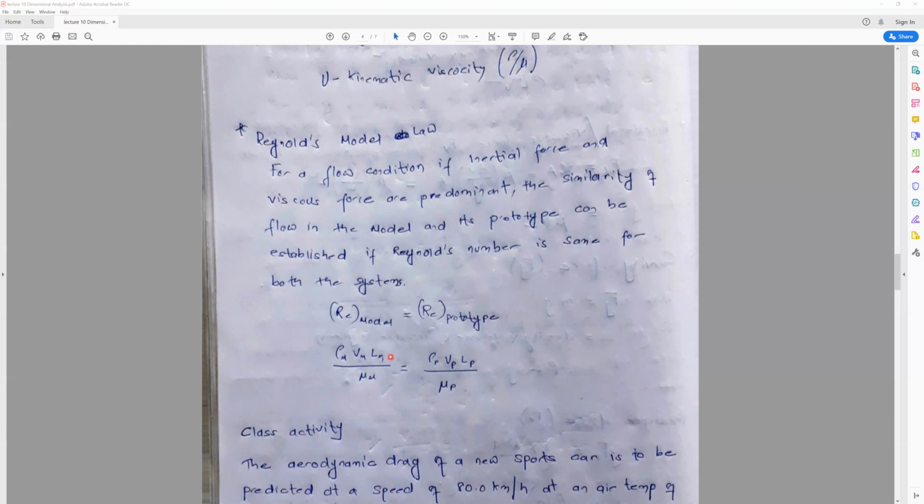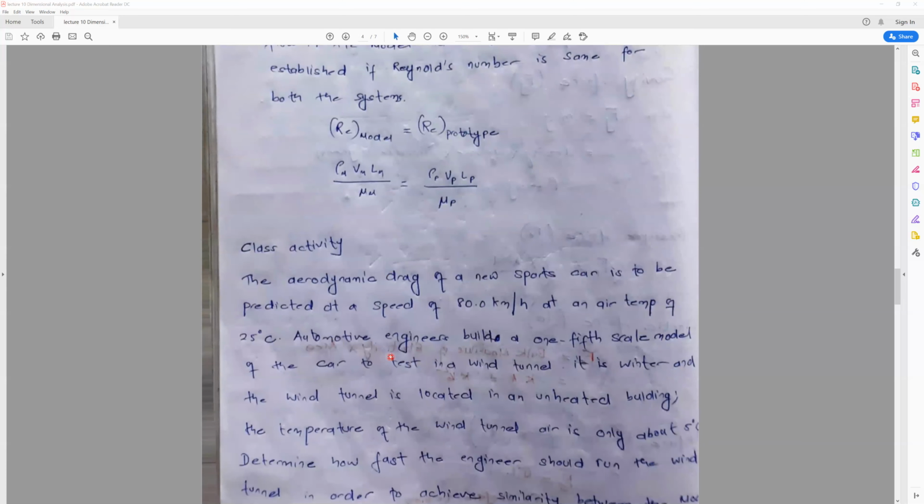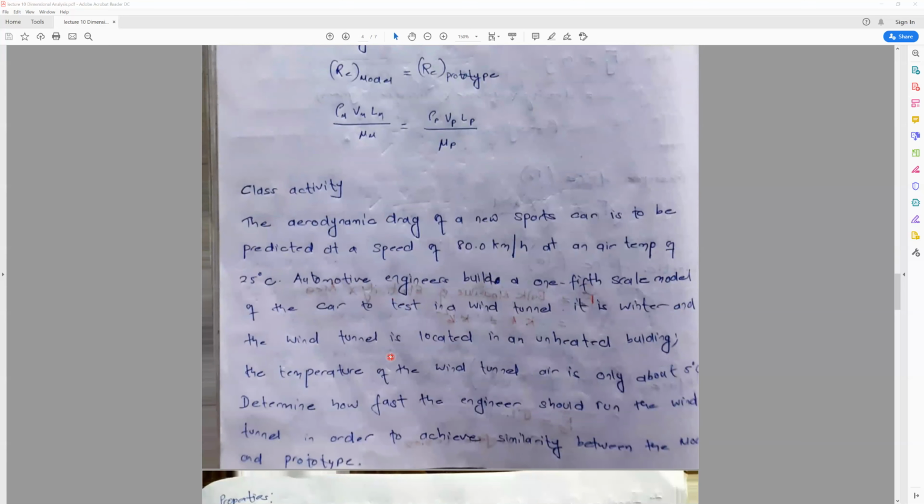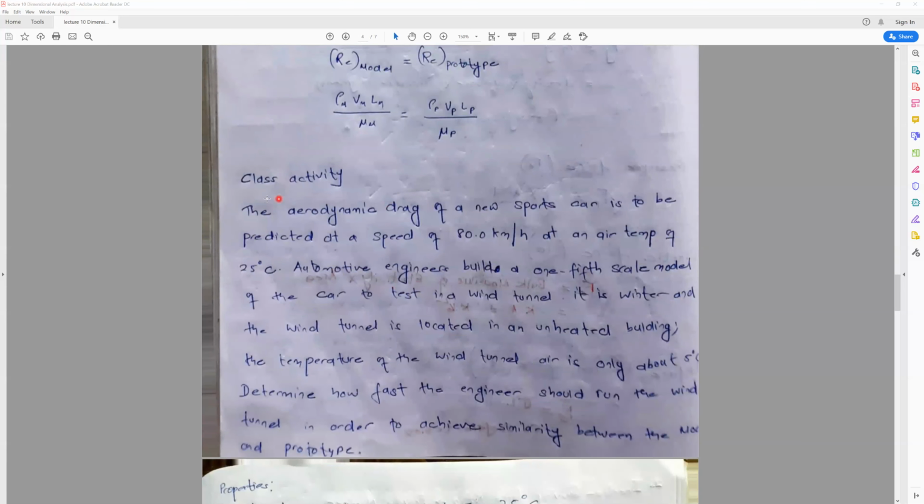With this, let's solve a small problem. The aerodynamic drag of a new sports car is to be predicted at a speed of 80 km per hour at an air temperature of 25 degrees centigrade.